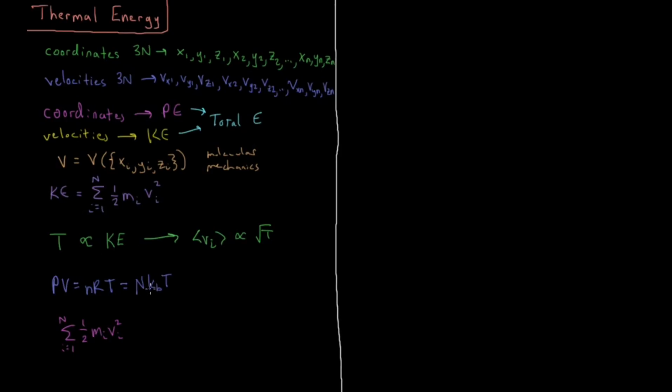The Boltzmann constant is joules per Kelvin, temperature is in Kelvin, so this is joules. So pressure times volume is an energy, and nkT is also an energy. There's no potential energy for an ideal gas, so this is directly related to kinetic energy. All this energy from this temperature is kinetic energy.